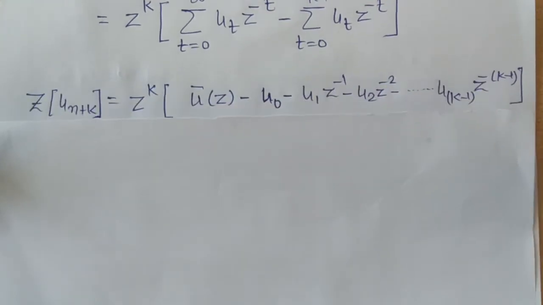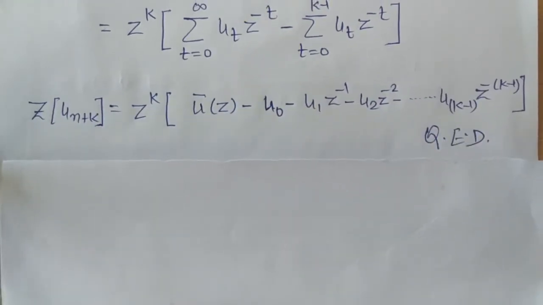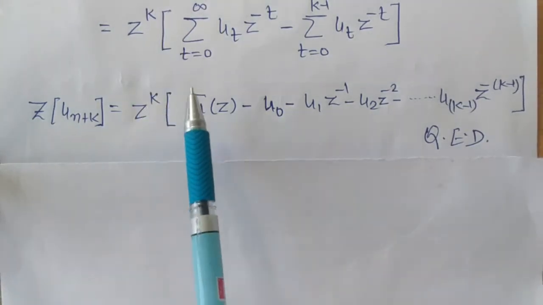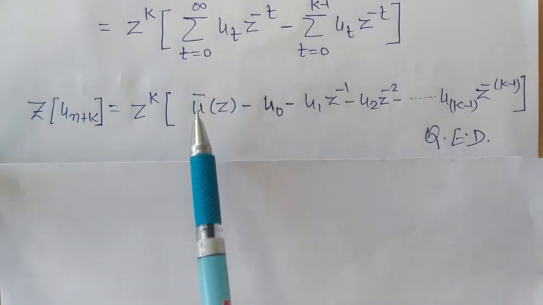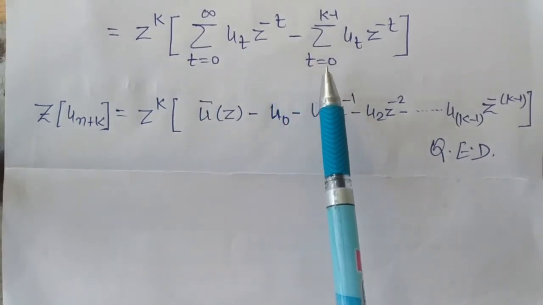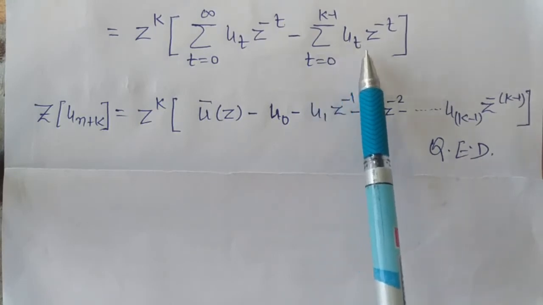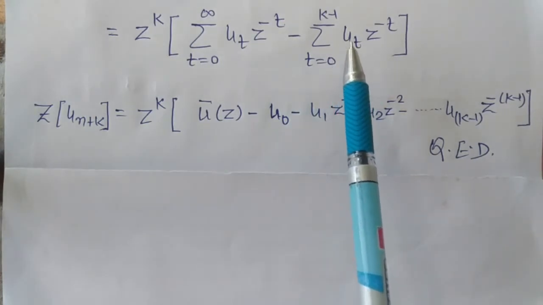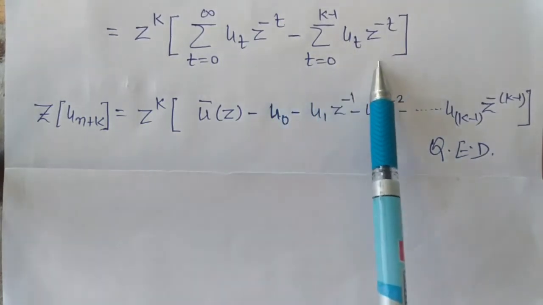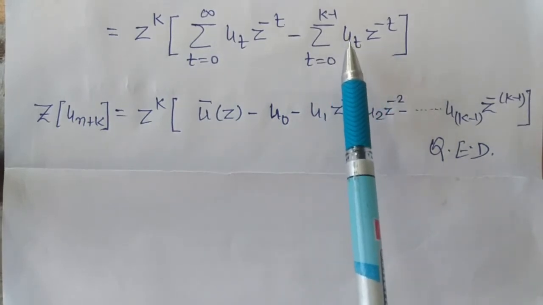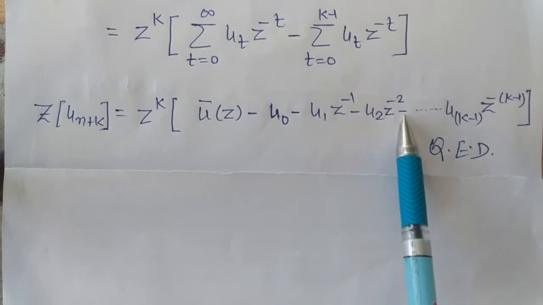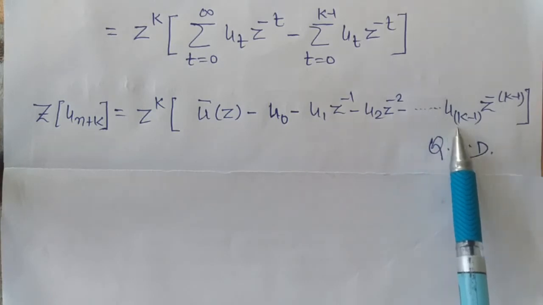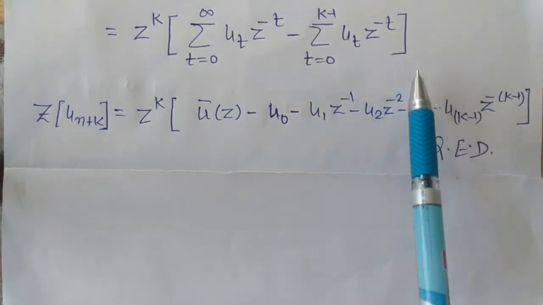Then we get z transform of u(n+k) is equal to z^k into u bar z minus u0 minus u1 z^(-1) minus u2 z^(-2) and so on, up to u(k-1) z^(-(k-1)).